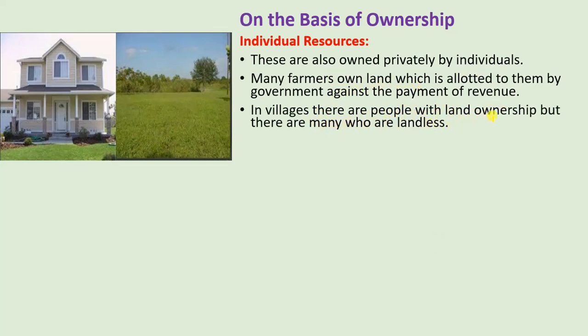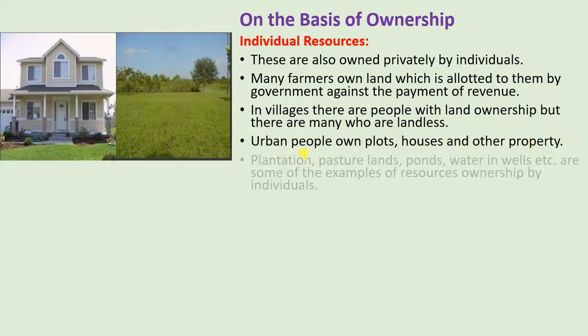The land owned by such people is referred to as an individual resource. Urban people own plots, houses, and other properties, so these are also individual resources. Plantations, pasture land, ponds, and water in wells are some examples of resources owned by individuals.